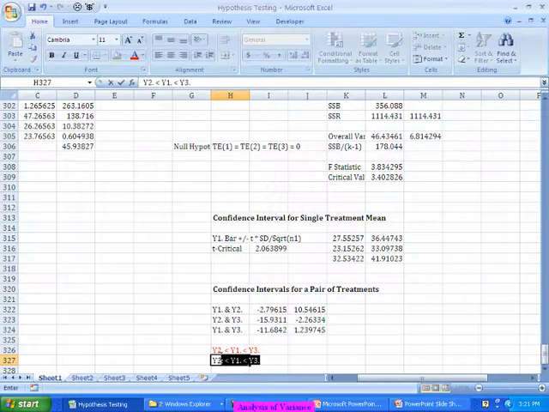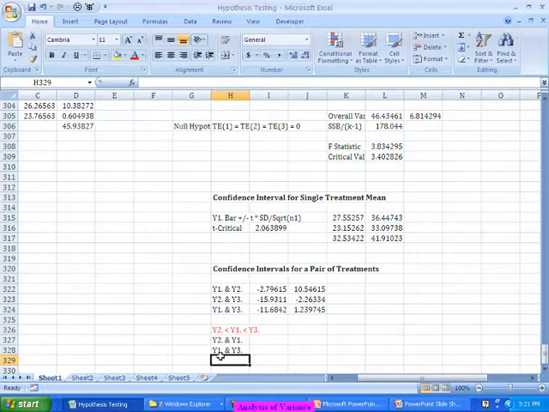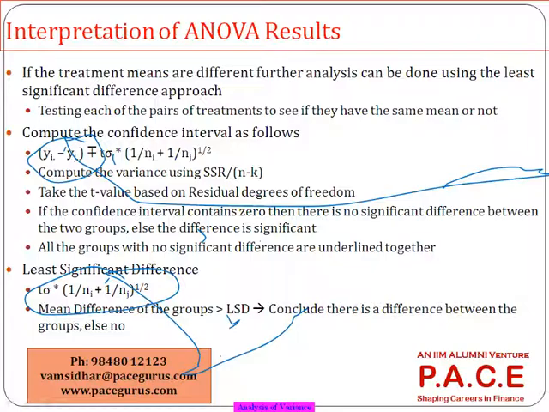One is between y2 dot and y1 dot, one underlining. The other underlining is between y1 dot and y3 dot. So these are the two sets of underlinings we do in the entire data, but there is no underline between y2 dot and y3 dot because there is a significant difference between the two sets of values.